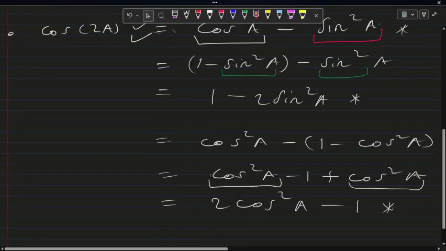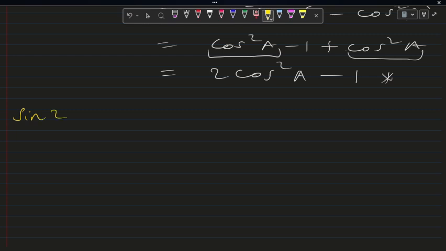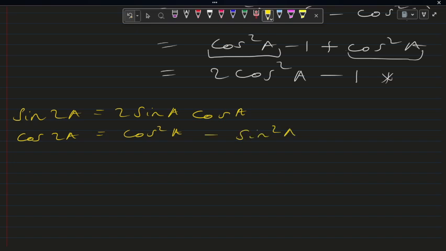As a result, we conclude that sine 2a is equal to 2 sine a cos a, and cos of 2a is equal to cos squared a minus sine squared a.